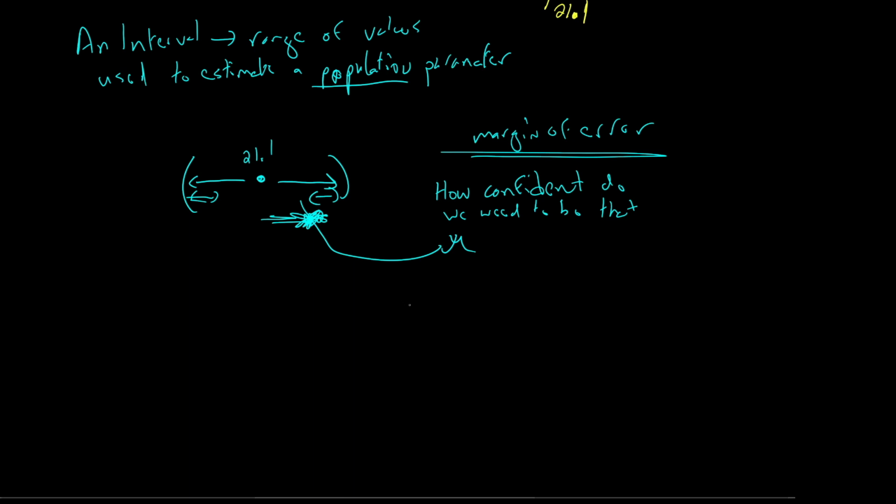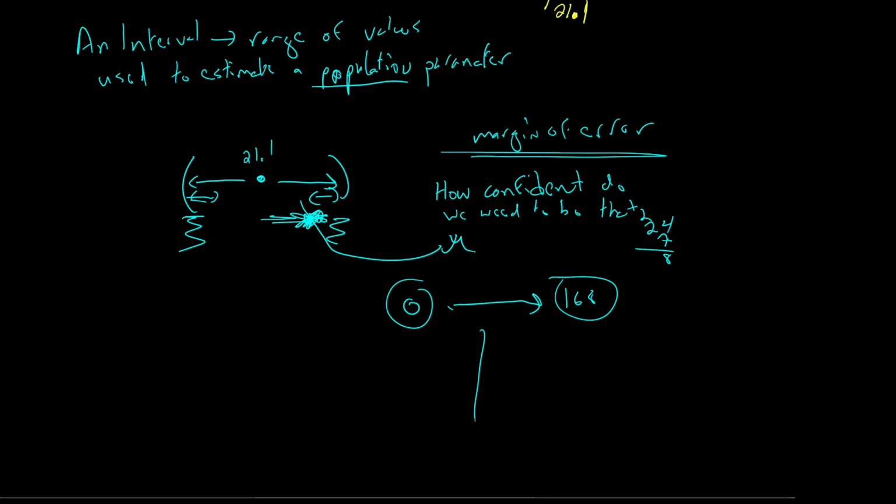Now, if I wanted to be 100% sure, then my margin of error would cover, well, they could be from 0 to, let's see, 24 times 7, right, is 8, carry your 2, 168, because that's how many hours there are in a week. So I could say, man, it's 21.1 with a lower end of 0 and an upper end of 168, right? That will get everyone. But it doesn't tell me anything about the population. And so what we want to do is have some reasonable confidence of this interval.